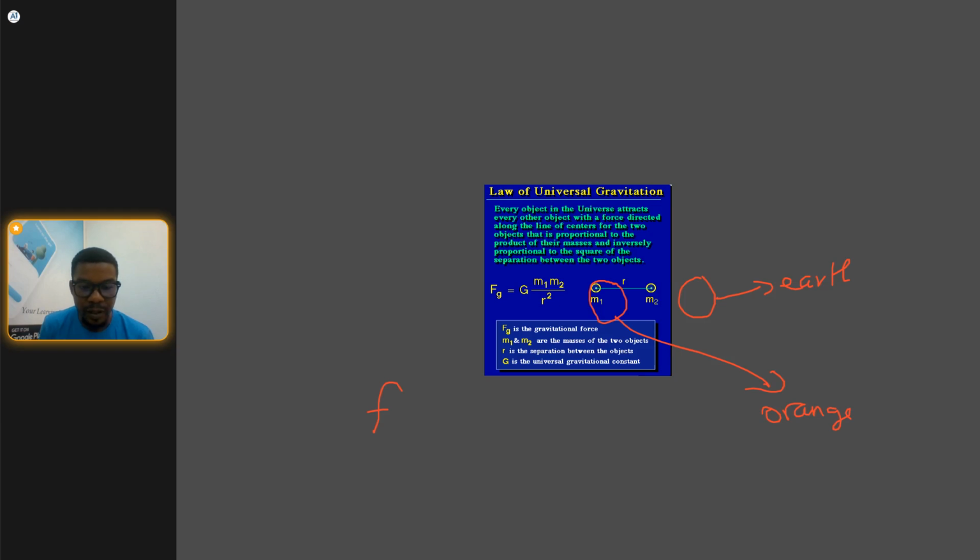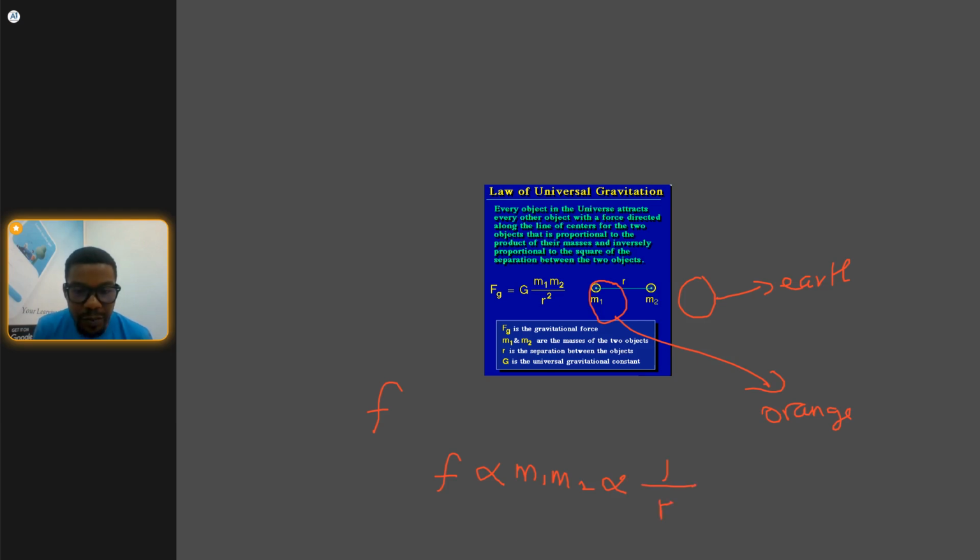F varies directly proportional to the product of the mass 1 and mass 2. That's M1 M2. Okay, and also that force is inversely proportional. So we have another, varies inversely proportional to the square of their distance.